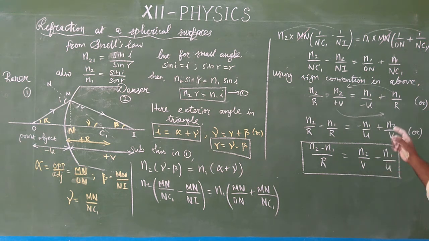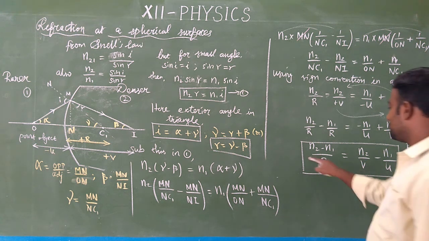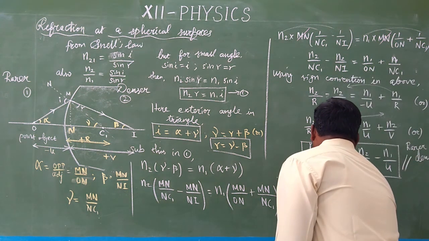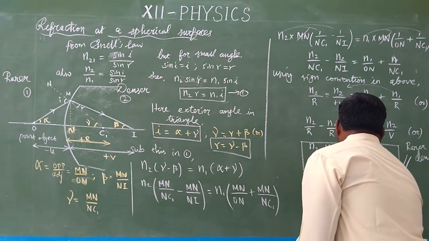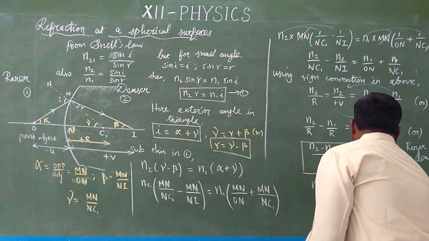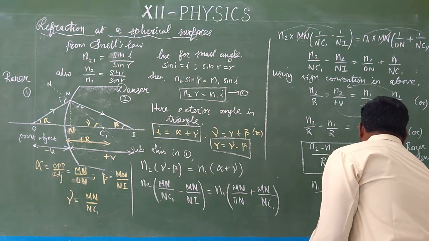So this is how the refraction takes place when a light travels from rarer to denser. Suppose if light is traveling from denser to rarer, it's totally different. That is n1 minus n2 divided by r, which is equal to n1 by v minus n2 by u.